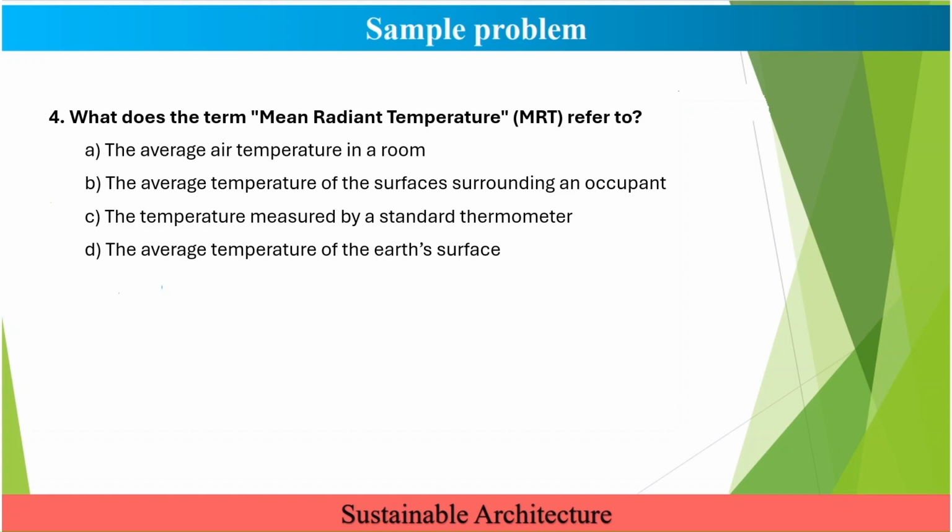So Aditi is saying B. And the correct answer is B only. That is the average temperature of the surfaces surrounding an occupant. This term only contributes to thermal comfort through radiation when we are discussing the mean radiant temperature.